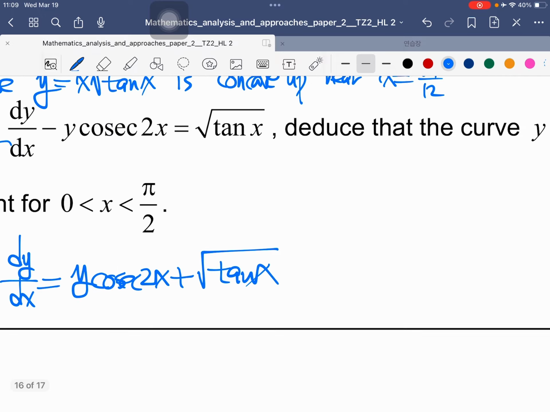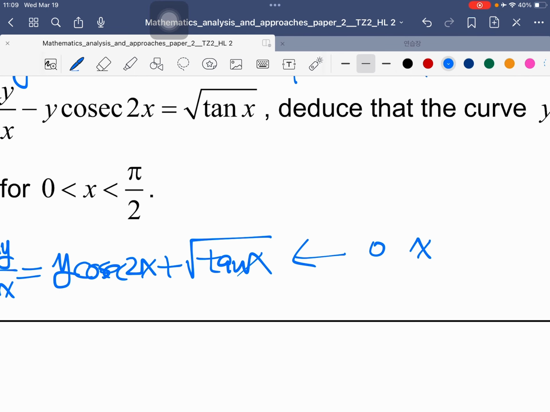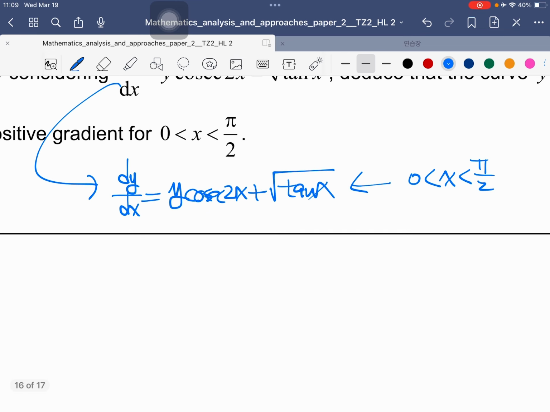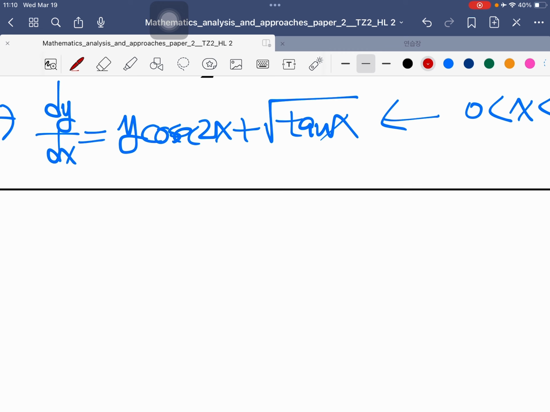And the x domain is restricted from 0 to pi over 2, so x is a positive value. When x is positive and the y value is already positive, notice that this is y over sine of 2x plus square root of tangent of x.